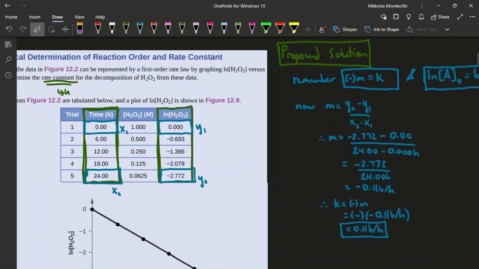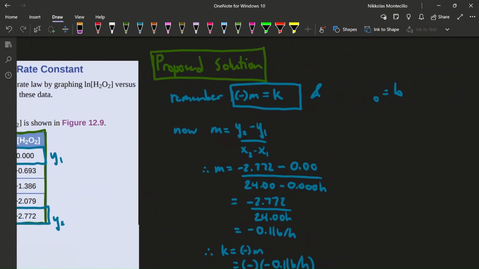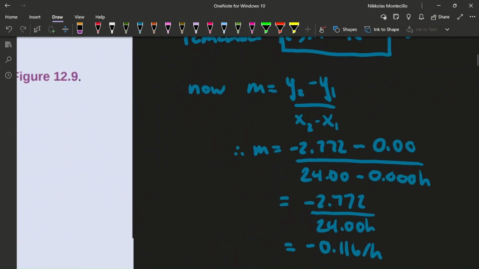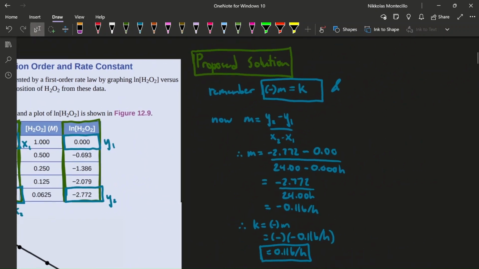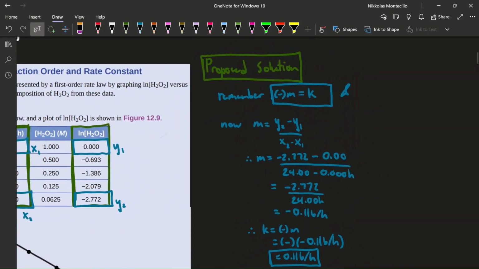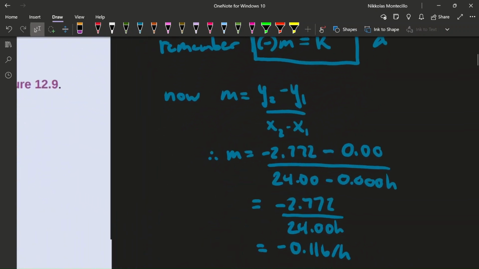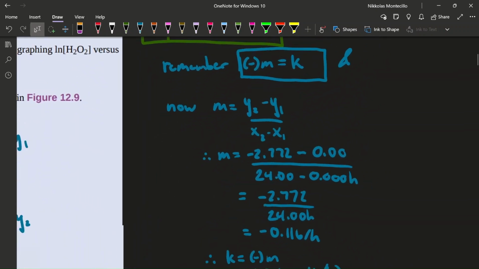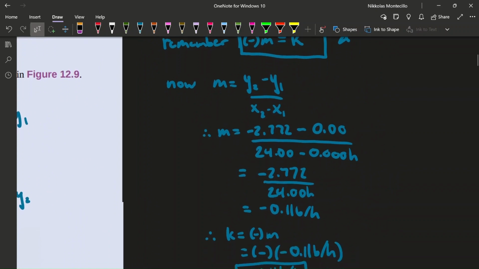This is my mistake, we don't really need this information here. What we need to find k is determining what m is. From basic pre-calculus, we know that the slope is equal to y2 minus y1 over x2 minus x1.